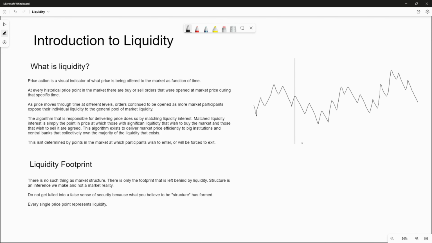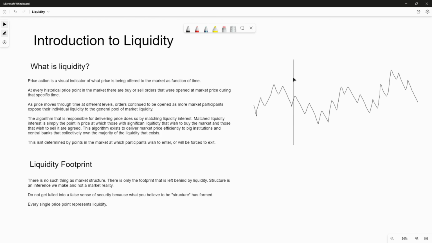Now, I'm going to draw this line to represent time. And time marches forward in a steady pace that we've defined to be seconds, hours, days, months, years, and so forth. And price is offered at a certain price relative to time.